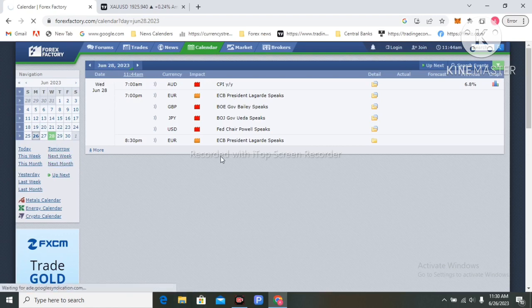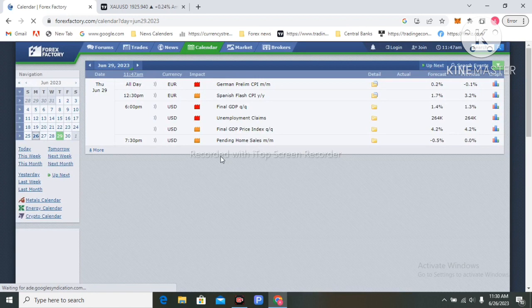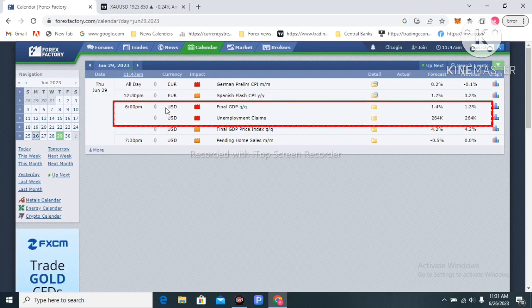So let's move to 29th June. That's the German and Poland CPI data, which affects the US dollar, and this week a very important economic data will be released on Thursday, 29th. That is the final quarterly GDP of the US dollar.